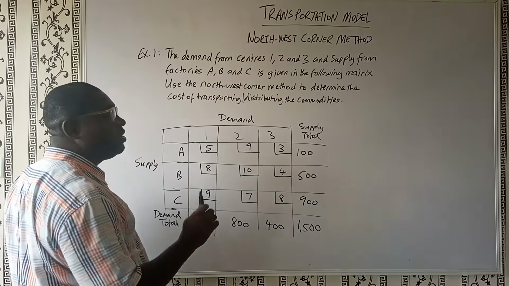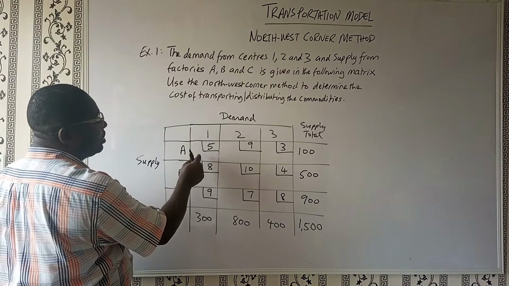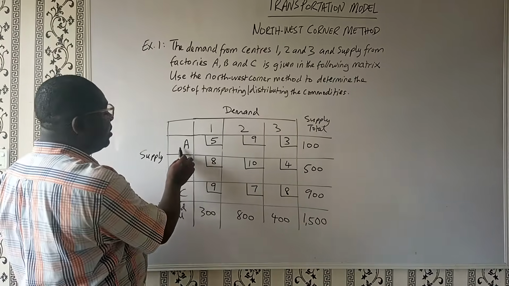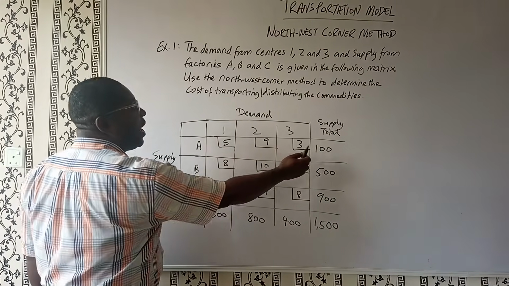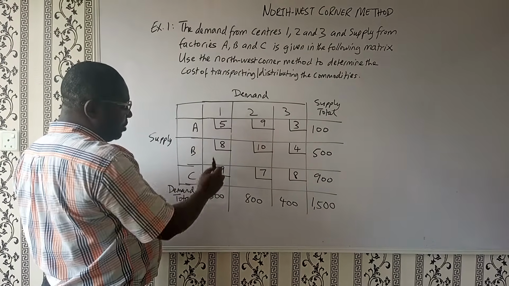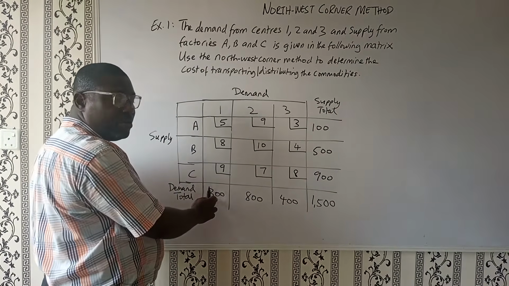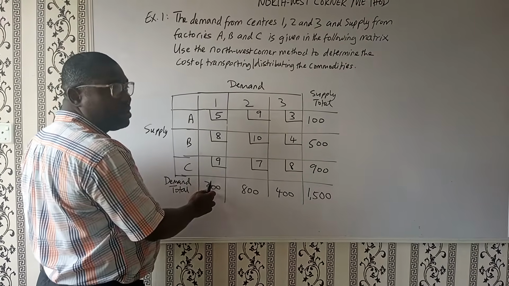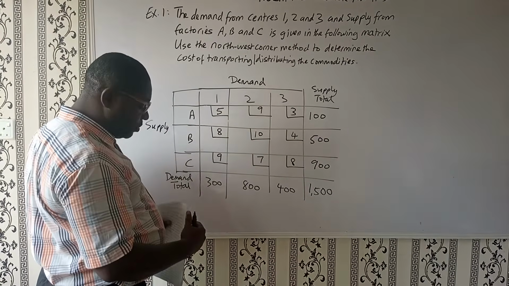So in this case, with the northwest corner method, we start from this point here, and we look at factory A, which can supply 100, whereas center 1 is demanding 300.